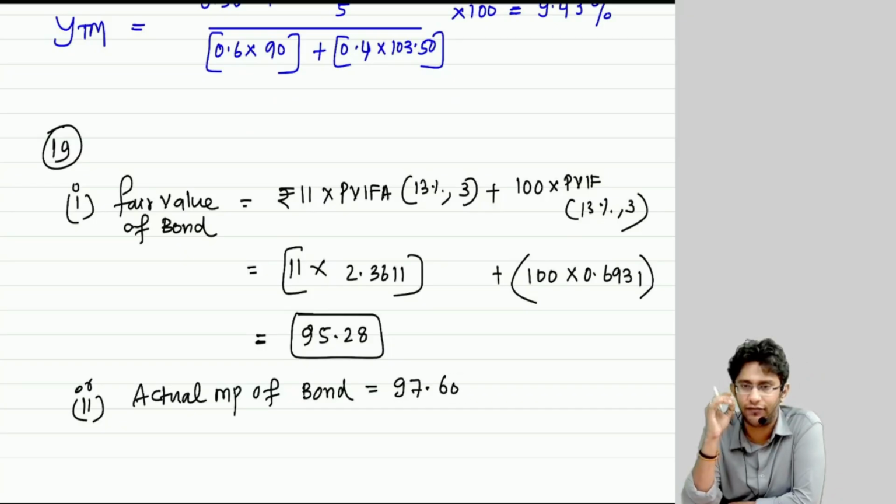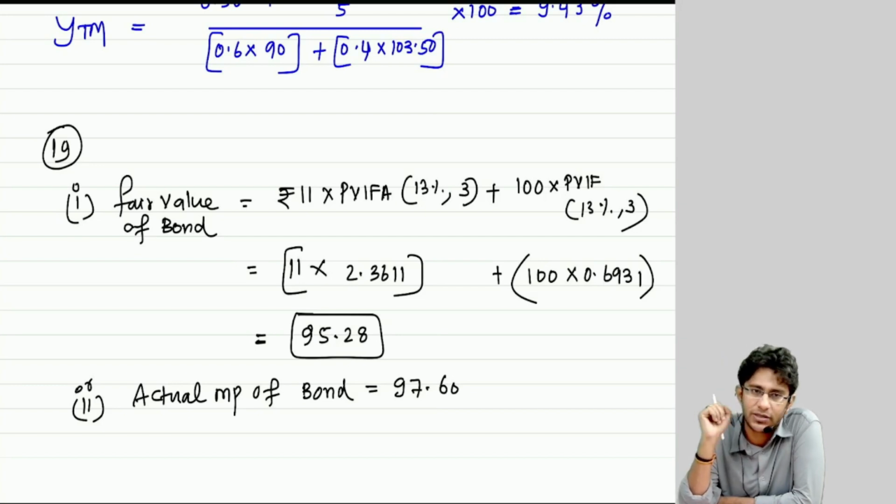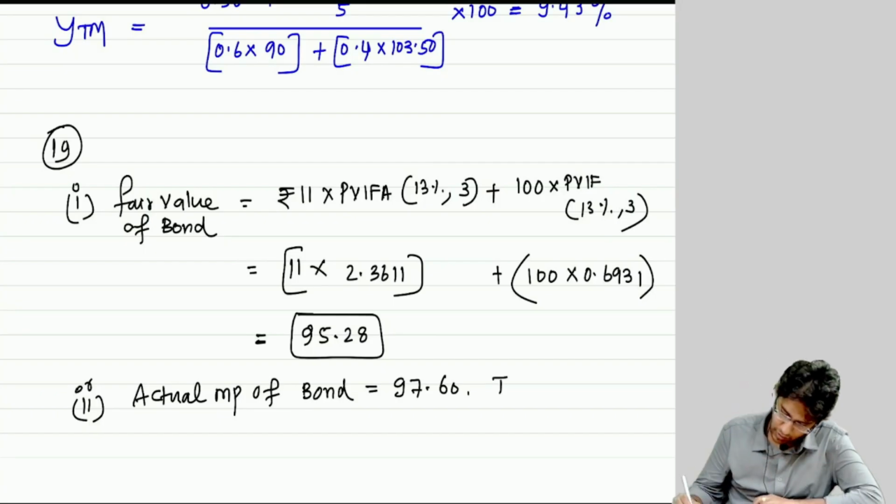Fair value is 95.28, and I should buy the bond only by spending 95.28. If I am lucky, I will spend less than that. But the actual price is 97.60. Is it overpriced, correctly priced, or underpriced? Overpriced. Should we buy? We should not buy. The bond is overpriced.